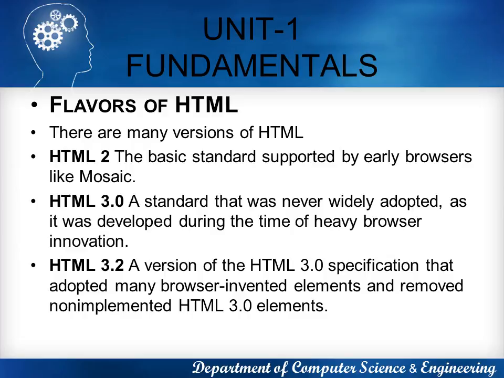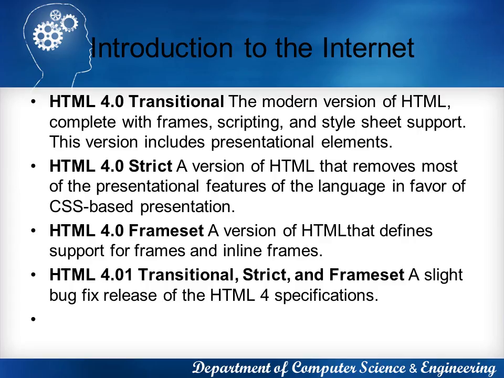HTML 3.2, a version of the HTML 3.0 specification that adopted many browser-invented elements and removed non-implemented HTML 3.0 elements. HTML 4.0 transitional, the modern version of HTML, complete with frames, scripting, and style sheet support.